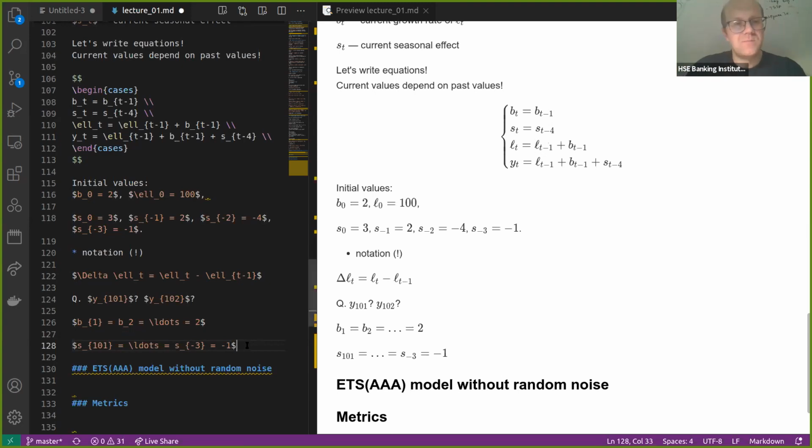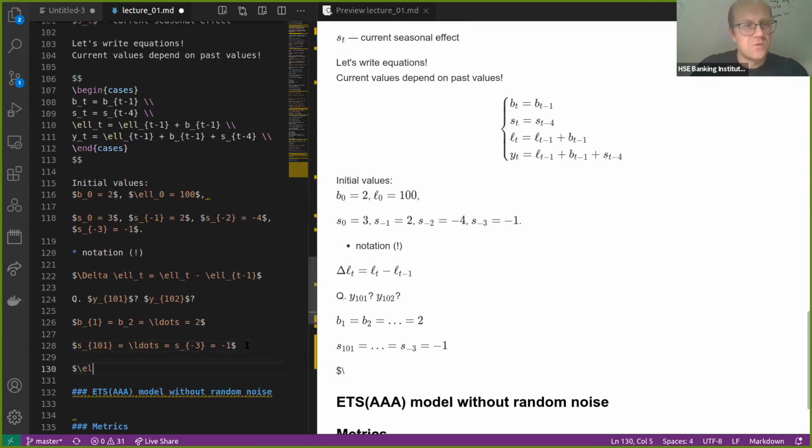Let's move on to L101, or maybe L100. If you look at the equation for L, it looks a little bit like a random walk, but non-random.